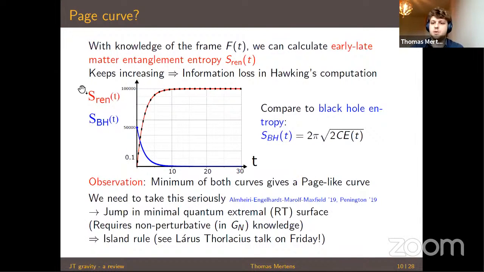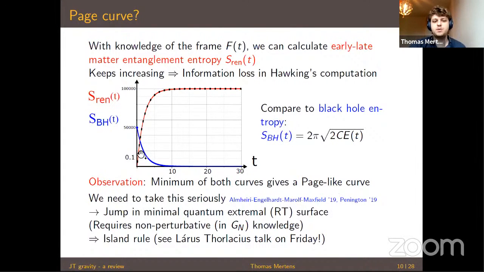So this is something that we will miss, of course, if we keep gravity classical, which is what I have done up to this point. But this better calculation has been done in JT gravity, and I would like to refer you to these papers for the details. And it leads to this so-called island rule. And we will presumably hear much more about this on Friday, so I won't go into that here.